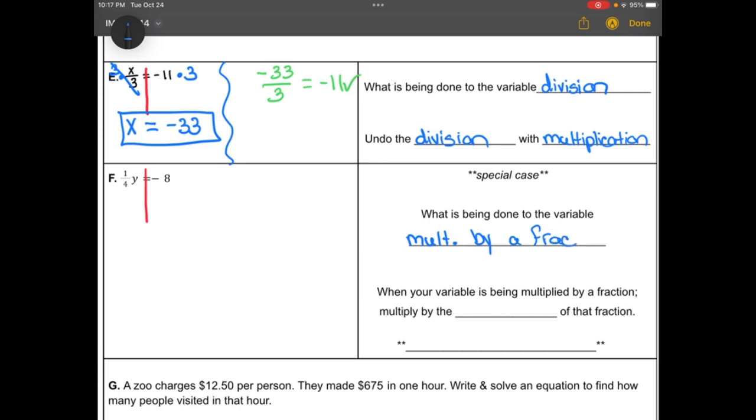And when you multiply by a fraction, the only way to undo multiplication by a fraction is you have to multiply by the reciprocal of that fraction. Flip the fraction.